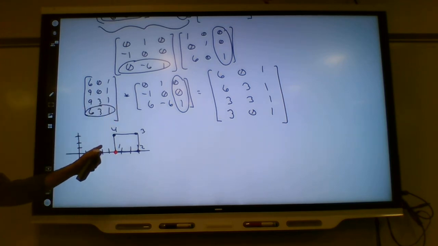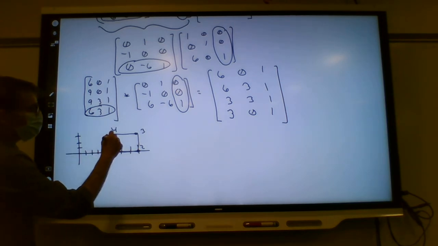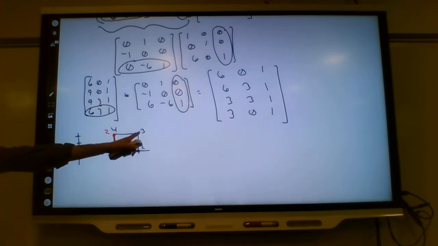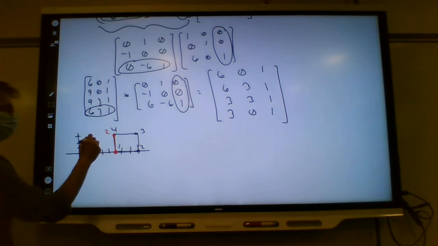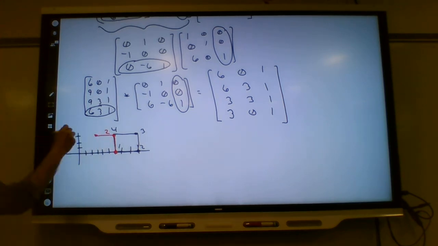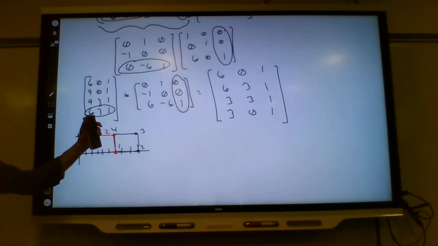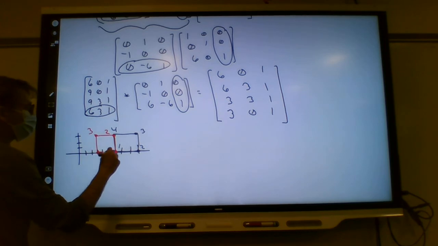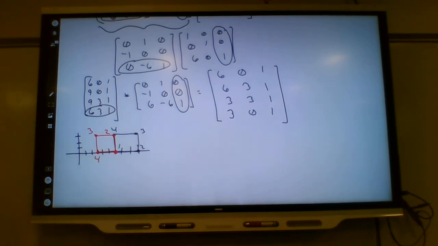So what happens now? Point 2 is at 6, 3. Where is 6, 3? So point 2 is now here. Point 3, which was this one, is now here. And point 4, which was this corner, is now here. And what did it do?